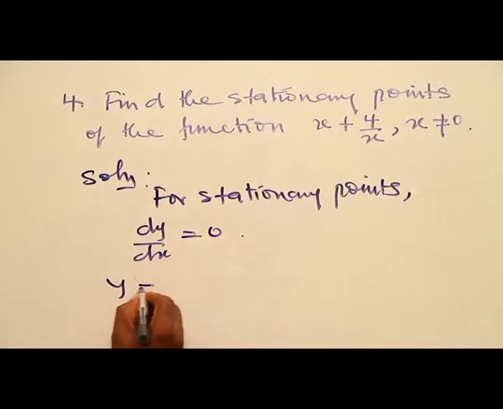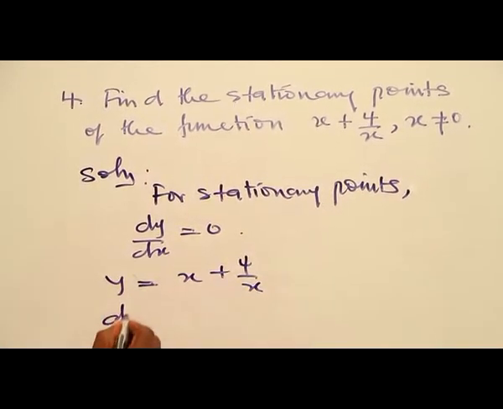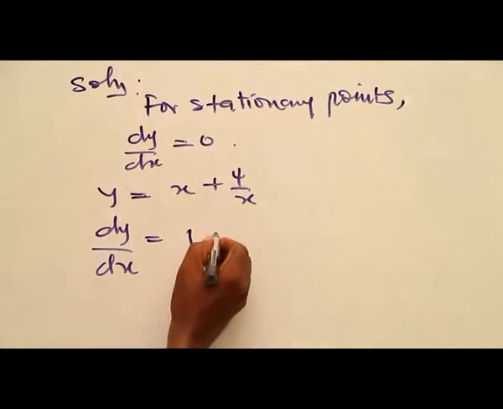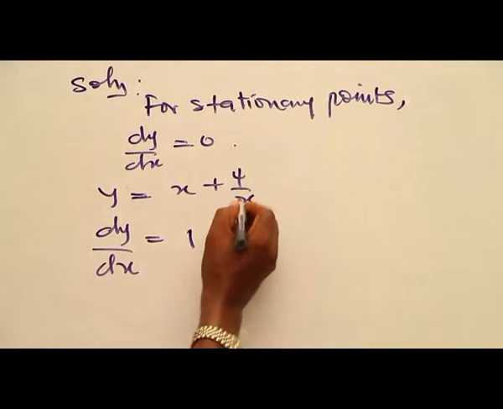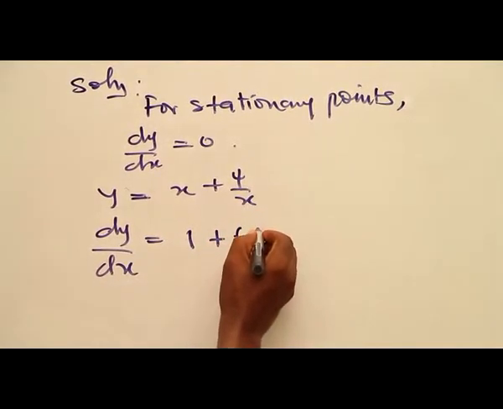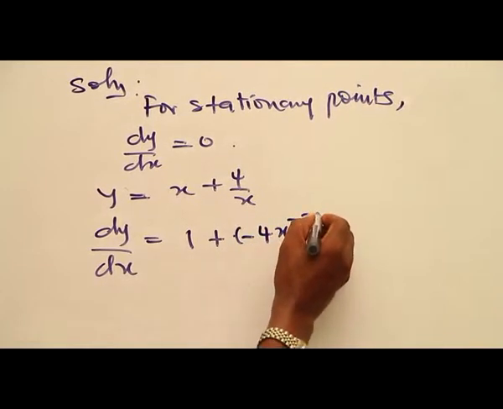Now we have y equal to s plus 4 over s. Our dy over ds will be equal to, differentiating s, 1, and then differentiating this, you will have minus 4 s raised to the power minus 2.